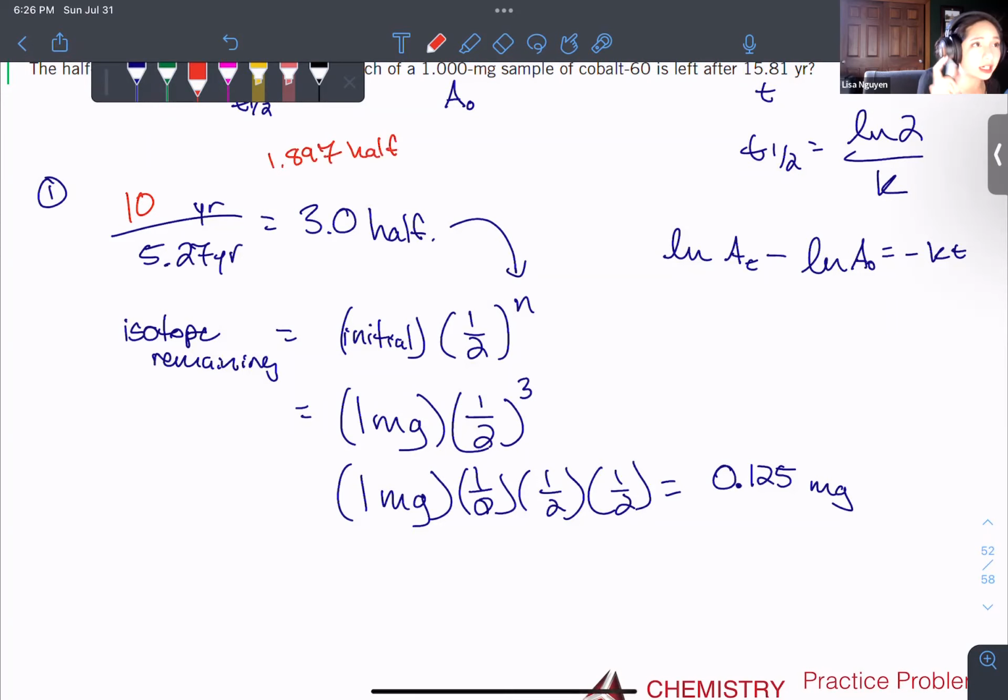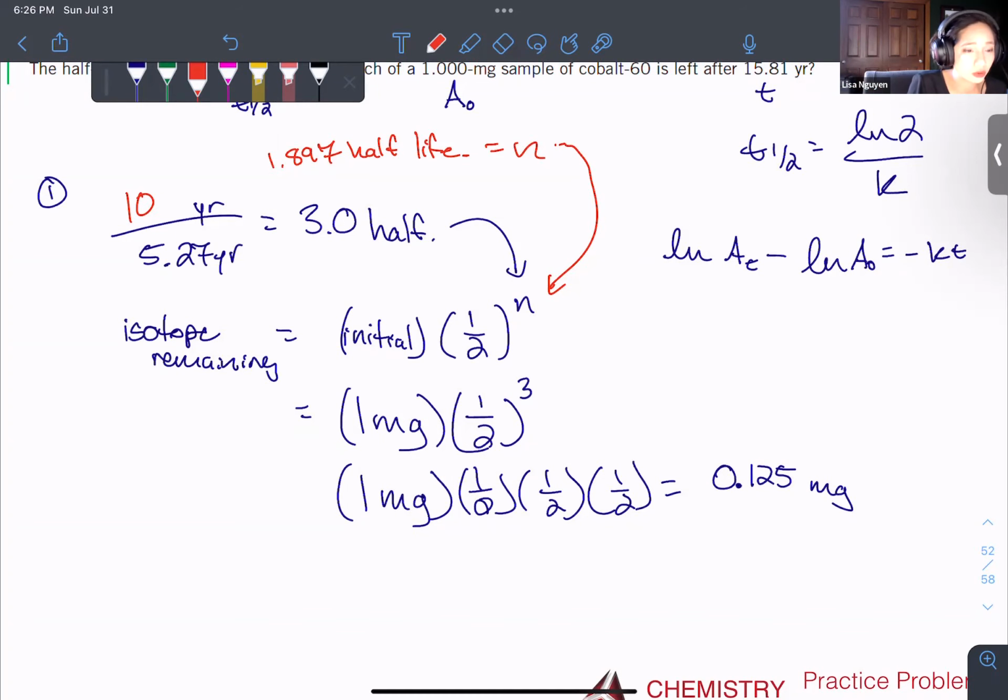So it's not a whole number of half-lives. This equation still works. This is still equal to n, and you could put it in place of that exponent. So we just take 0.5 to the 1.897, and this equation will still work even if it's a fraction of half-lives.